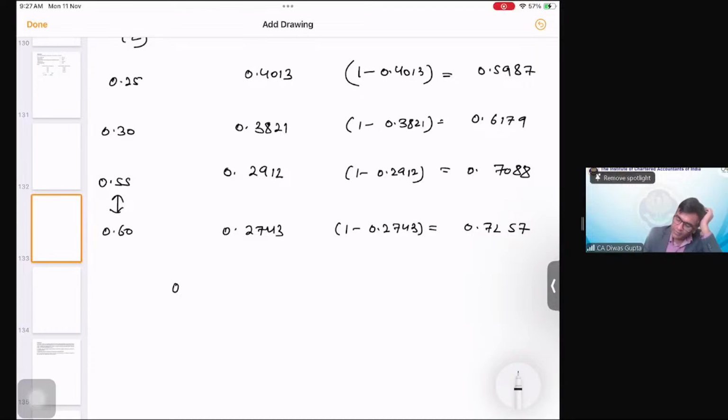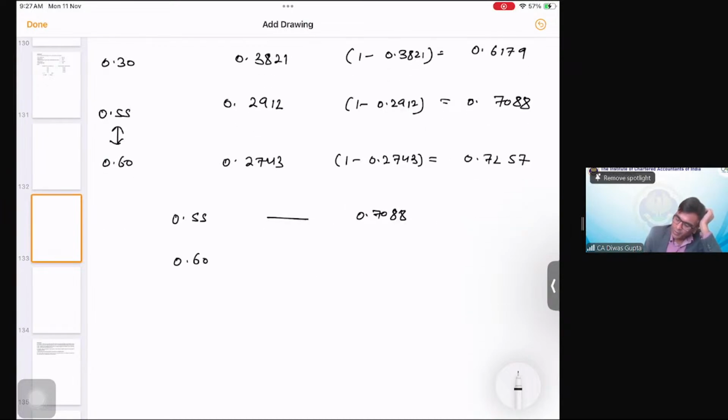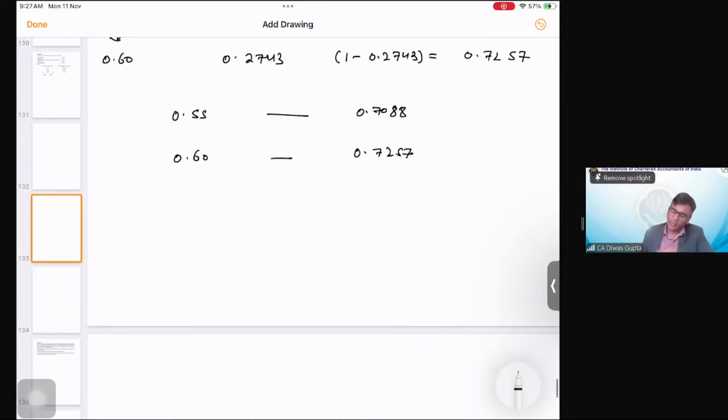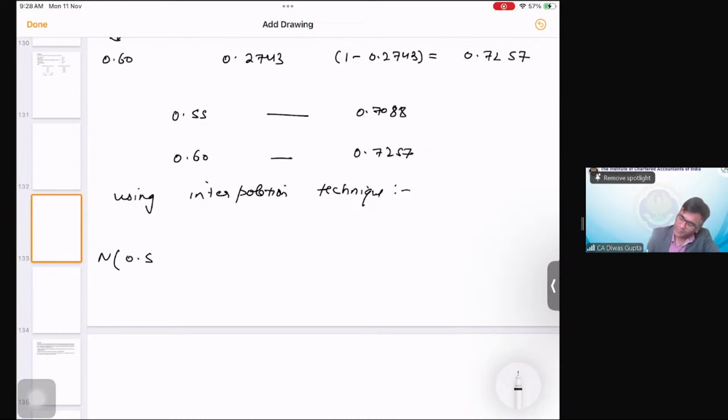So if 0.55 is equal to 0.7088 and 0.60 is 0.7257, then using the interpolation technique, the N value for 0.5820 will start with the lower value.